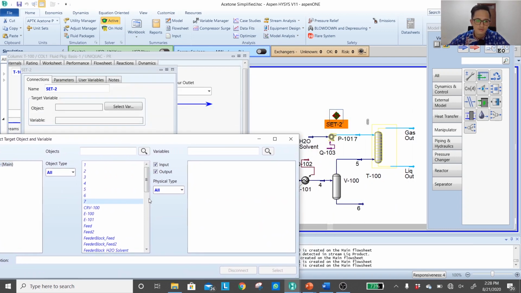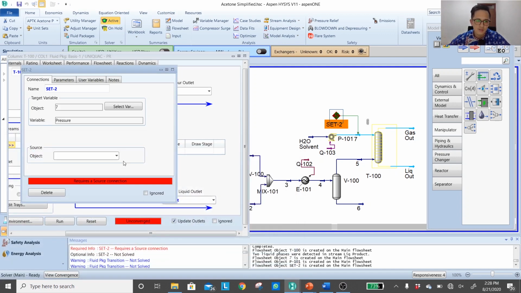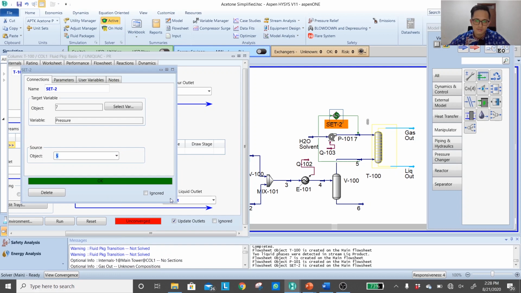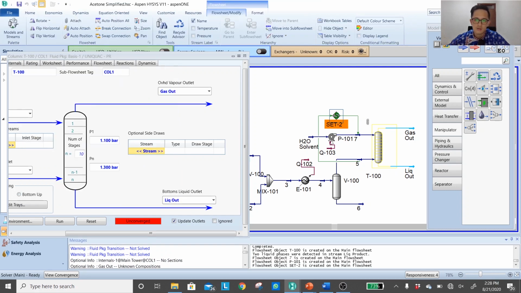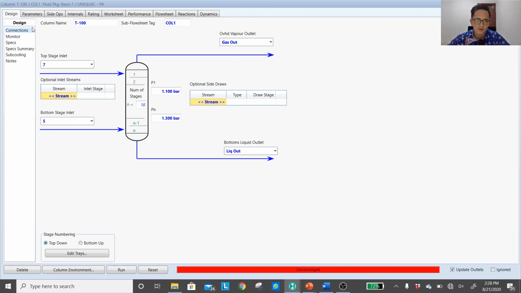Pressure of stream 7 will be matched from the source object. Okay, once you do that, now it's green bar, dark blue, everything's ready. Okay, you can save it. And you can also open the absorber.